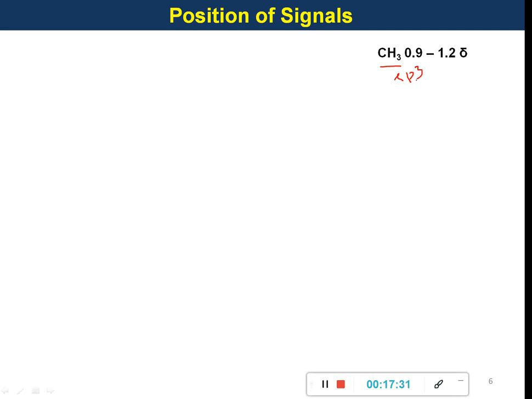If you compare this with sp2 hybridized alkene and sp hybridized alkynes, here we have 25% of s character in the case of sp3 hybridized carbon. We all know that the more the s character, the more the electronegativity.